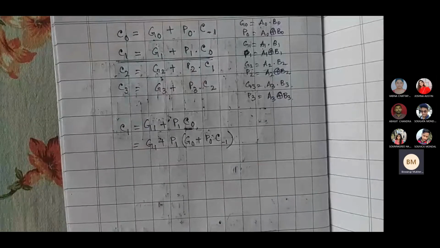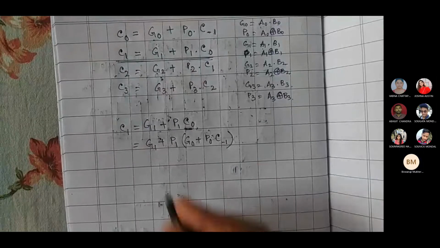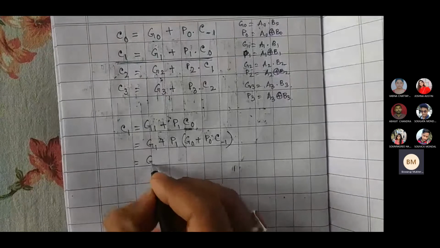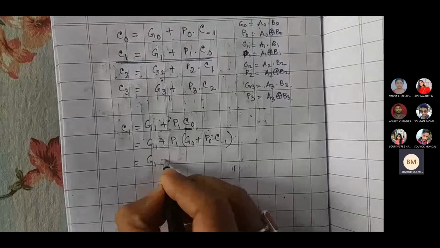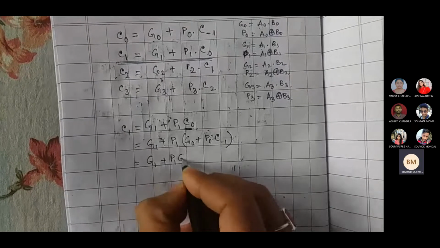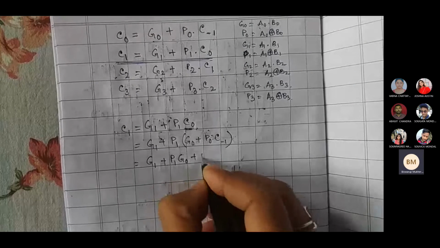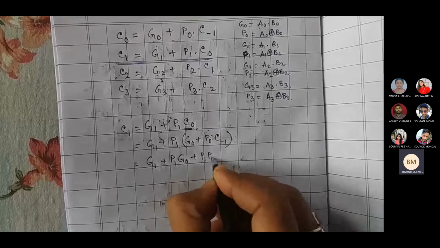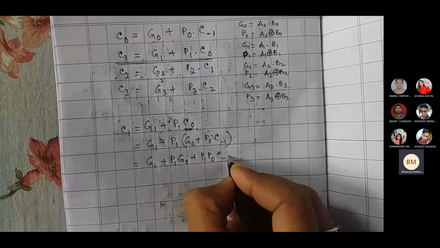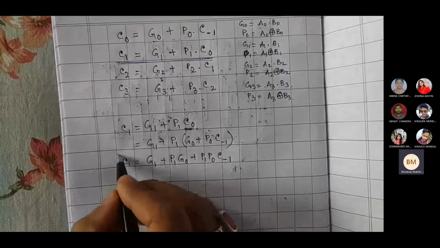We can write it down like this. Or else you can also write it same as this: G1 plus P1 G0 plus P1 P0 C minus 1. So that is my C1.